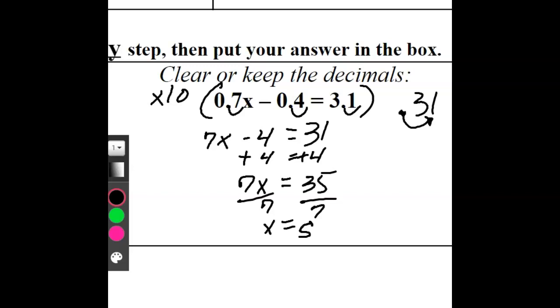Right now you're dealing with 3. So clearing decimals, again, it says in the direction here, clear or keep them. If you have a calculator, you could just use your calculator and help your way through that. So if this does not make sense for you, okay, then you don't have to do that. So ignore just what we did there, but that's one way to clear decimals.